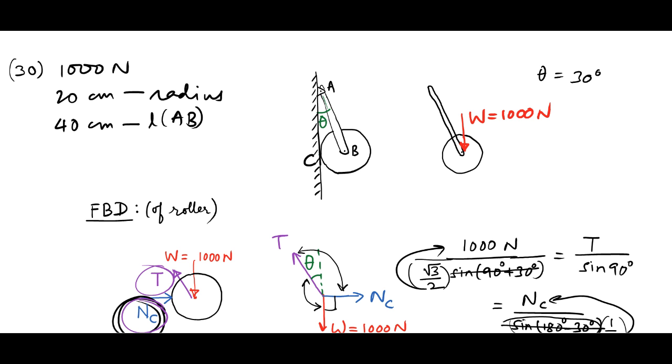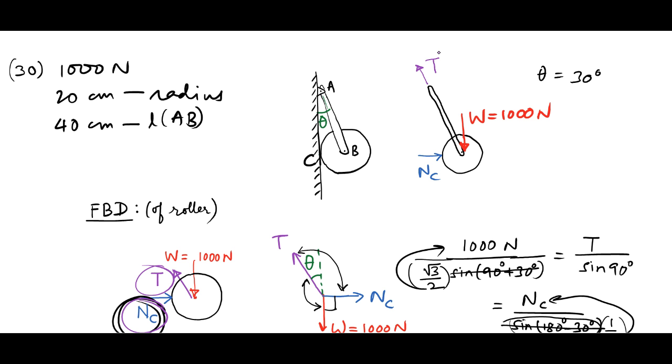Then you have the normal reaction exerted by the wall at C, so this force NC, and finally at end A the pin pulls on end A in a direction which is collinear with the rod, and that force, as we know, is in magnitude equal to the tension in the rod itself.